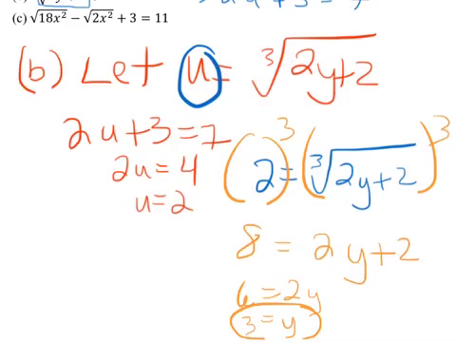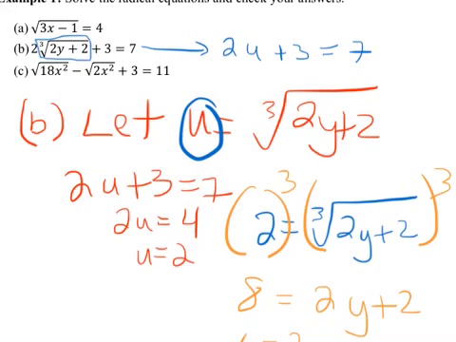Okay? What do we have to do with this answer? Plug it into the original. Very good. And not the u statement, but the original. So that statement up here, we need to plug a 3 in there. Go ahead and do it on your own, please. Plug a 3 in right here around what I'm circling.